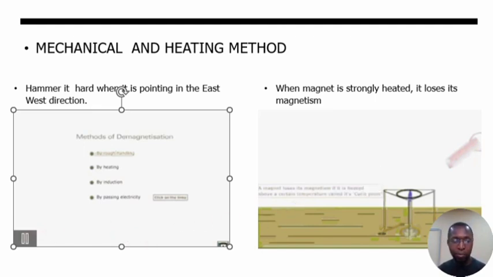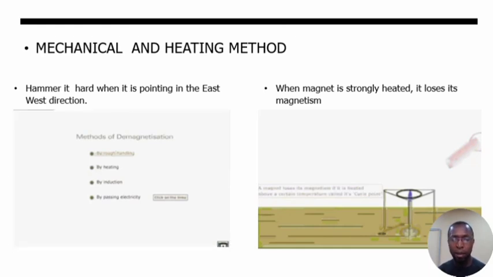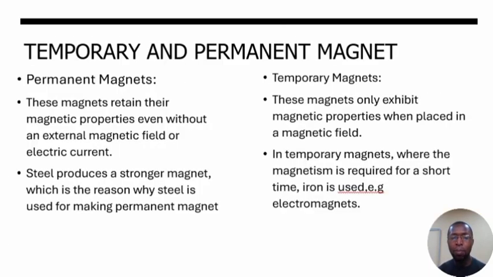All right. Earlier on, I talked about temporary magnets and permanent magnets. Permanent magnets are magnets that can retain their magnetic properties even without an external magnetic field, such as electric current. When you remove the electric current from it, it will still retain its magnetic properties.